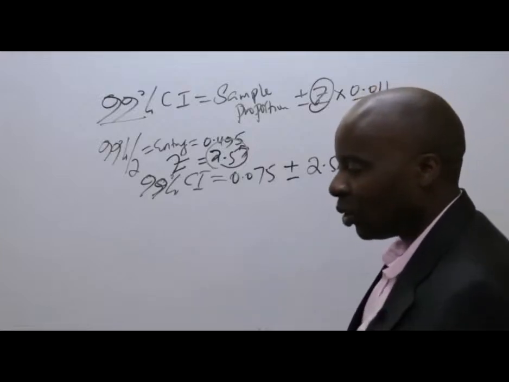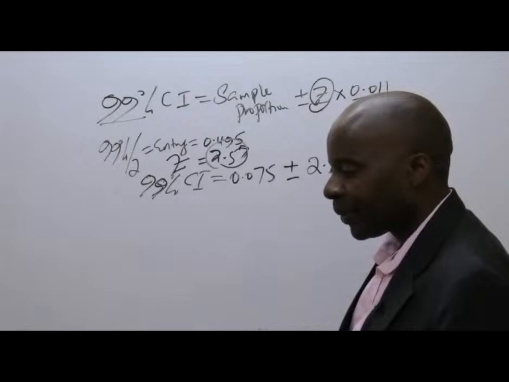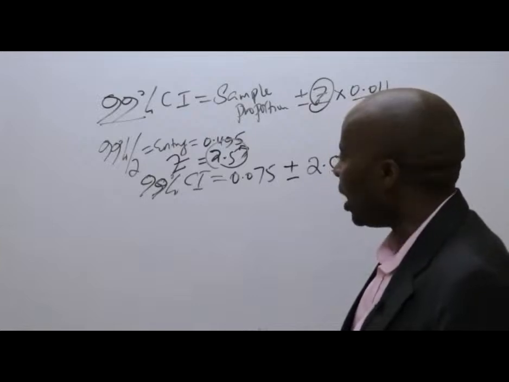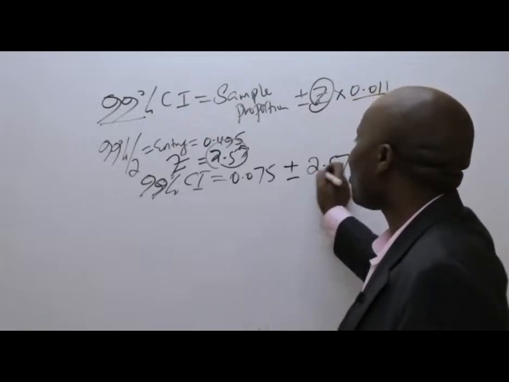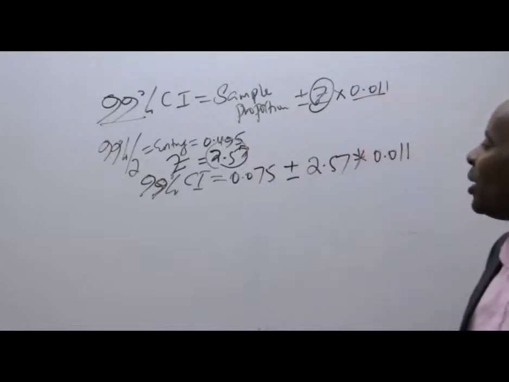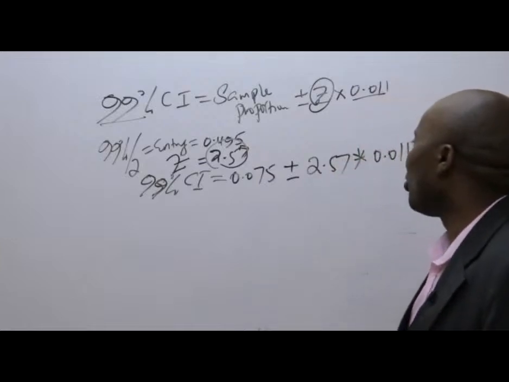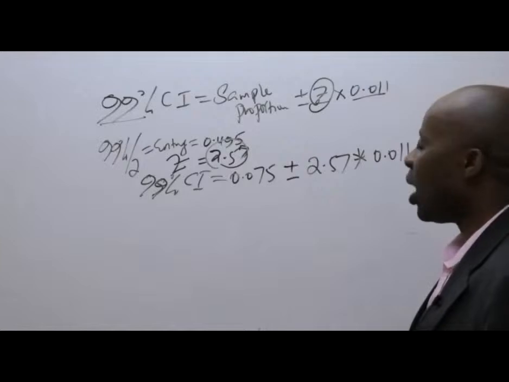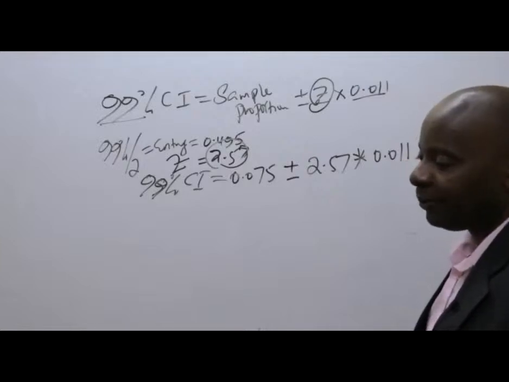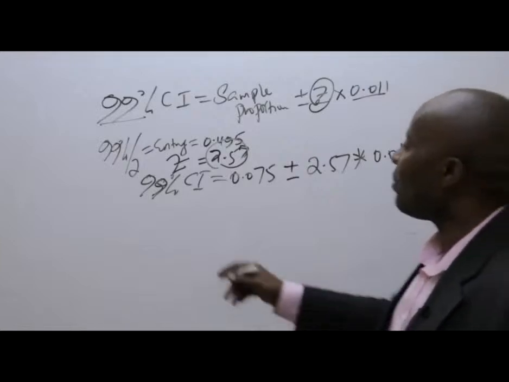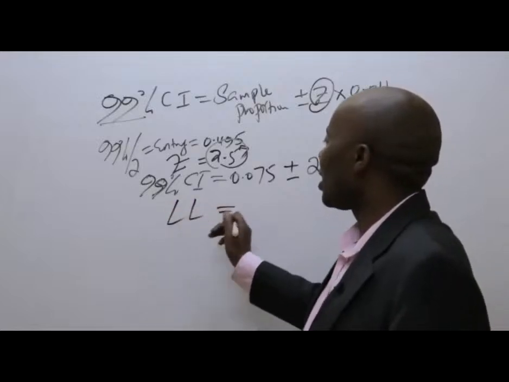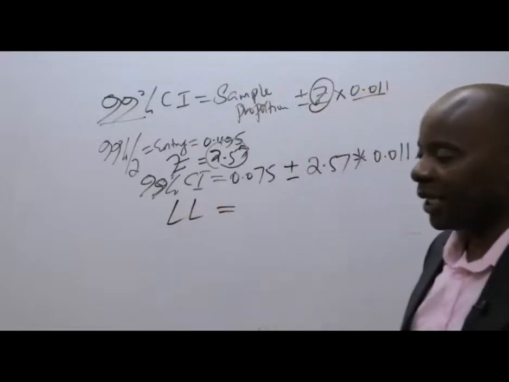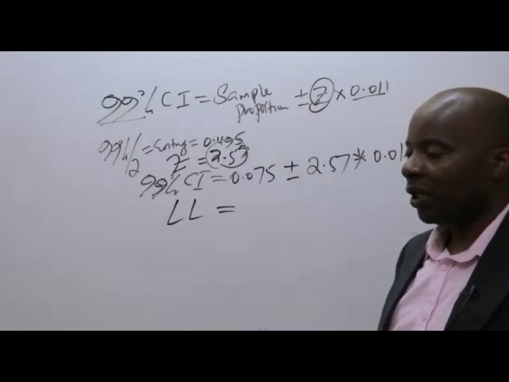Remember, to get the lower limit, what you'll do is to subtract. You'll take 0.075 minus 2.57 times 0.011. Come here and give us the lower limit. What do we have here, somebody?